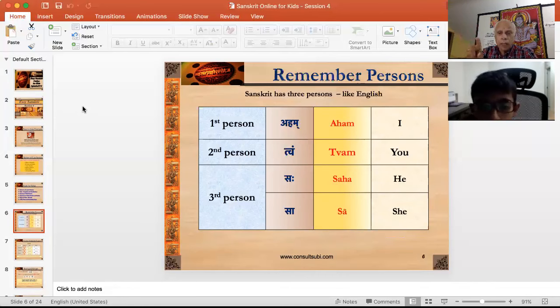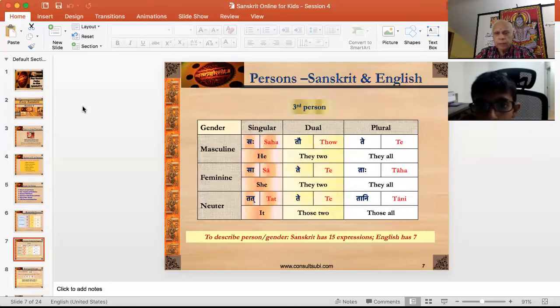And sa is referring to she. So in simple terms, I, aham, you, tvam, he, saha, and she, sa. So these are 4 words, 4 little terms, first person, second person, third person, which you'll be using very often. Okay, let's go to the next.